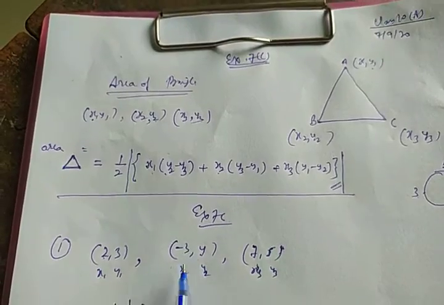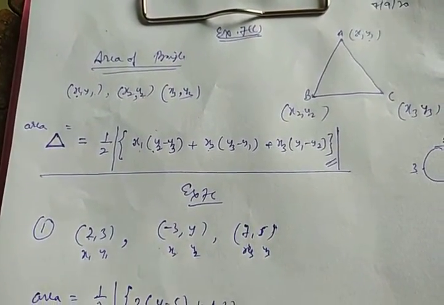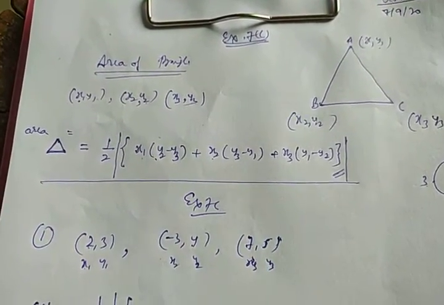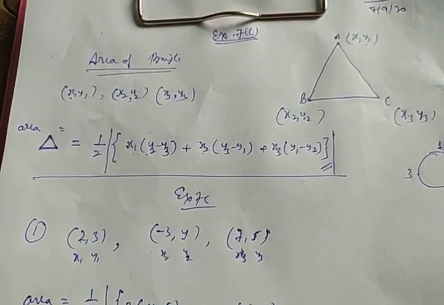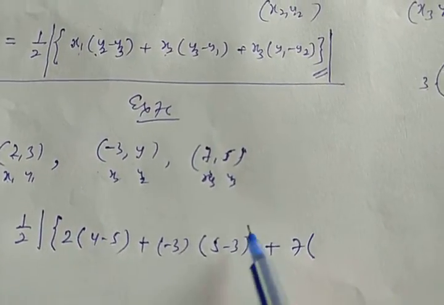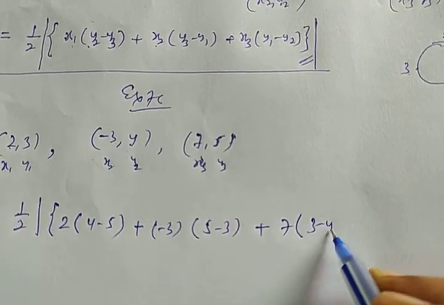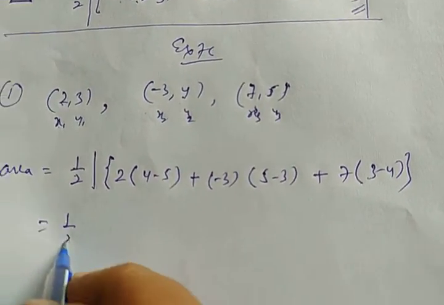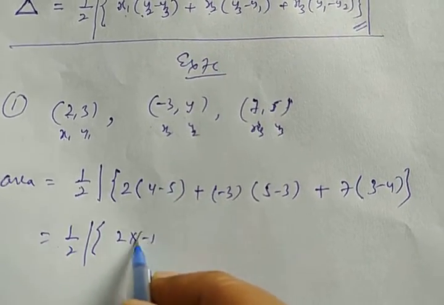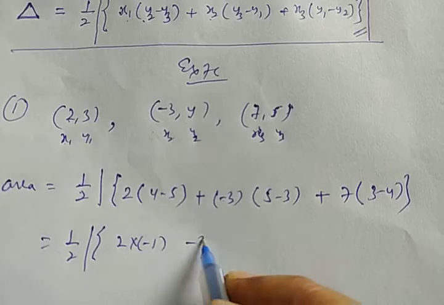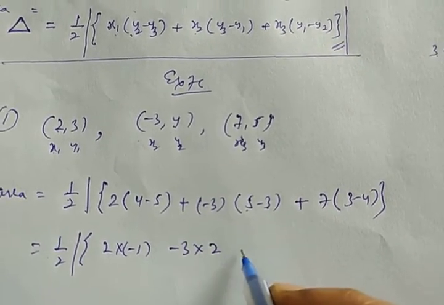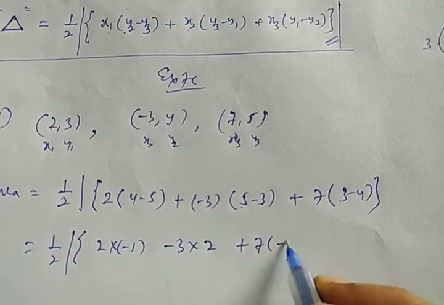Plus x2 is minus 3, then minus 3 within bracket, and y3 minus y1, y3 means 5 minus 3, plus x3 means 7 into 3 minus 4. 1 upon 2 modulus 2 into minus 1, this will become minus 2, minus 3 into 2, plus 7 into minus 1.